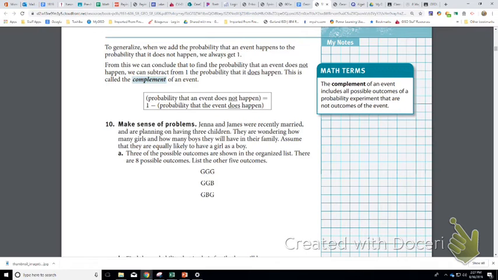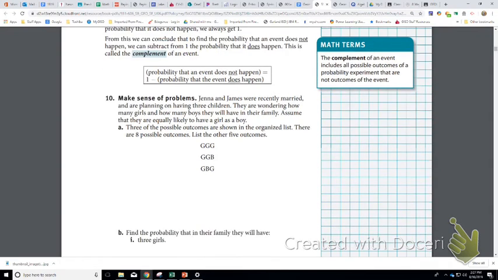Those are what we call complements. Okay? Those last two that you did, those are called complements. And the probability that an event does not happen will be the entire set minus the probability that it does.